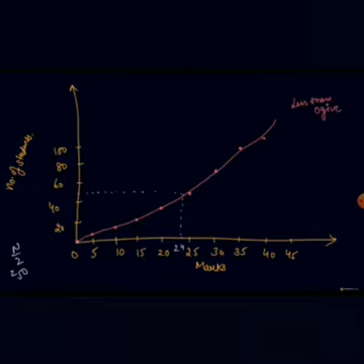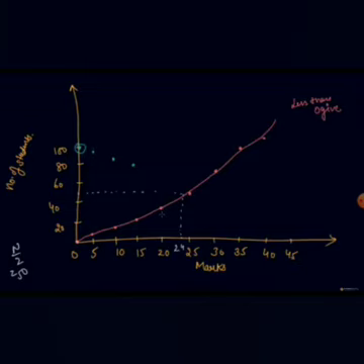In the same way, if we plot the more than ogive, we get more than 0 at 100. Then more than 5 were 96. More than 10 were 90, somewhere here. More than 15 were 80 students, somewhere here.